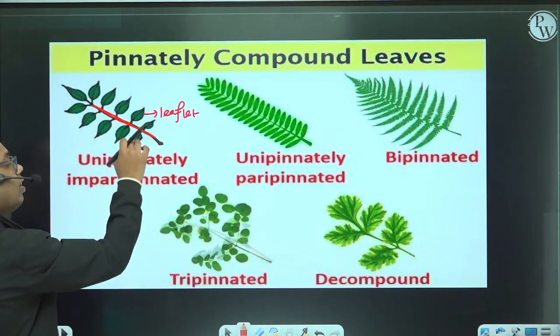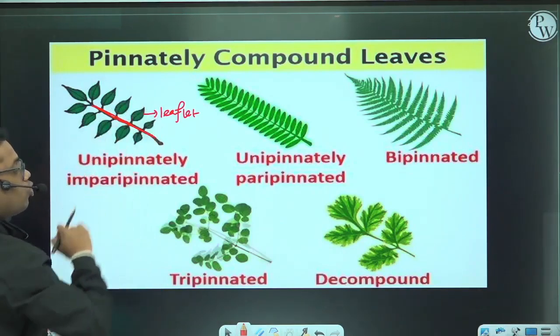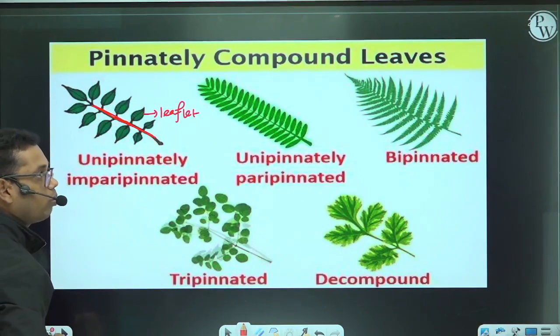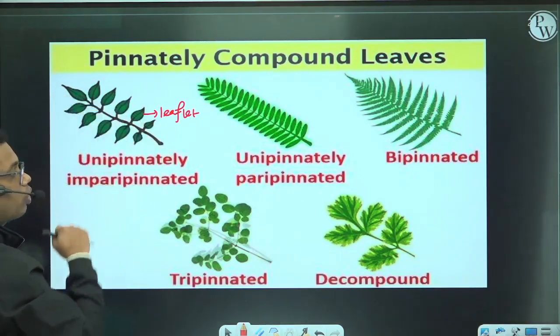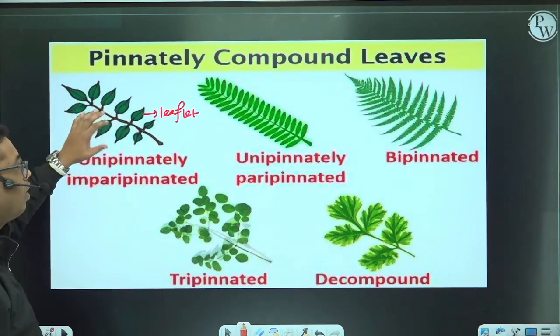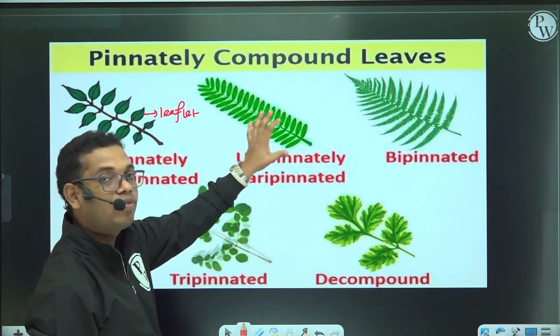So if the leaflets are arranged on either side of the midrib, that is called a unipinnately compound leaf. And this unipinnately compound leaf is again of two types. In this case, the number of leaflets is odd, but here the number of leaflets is even.